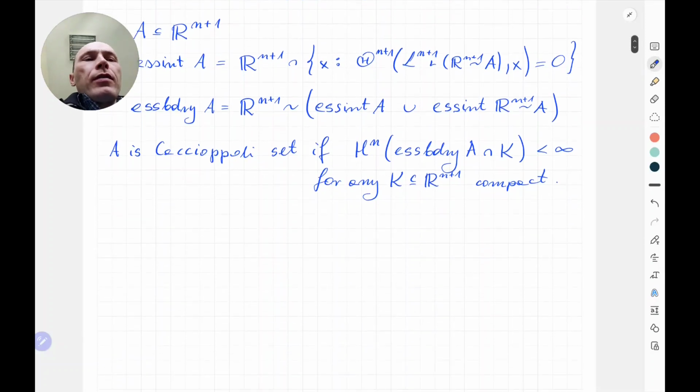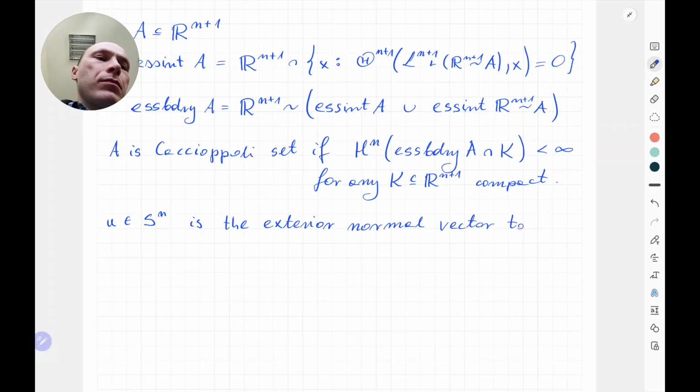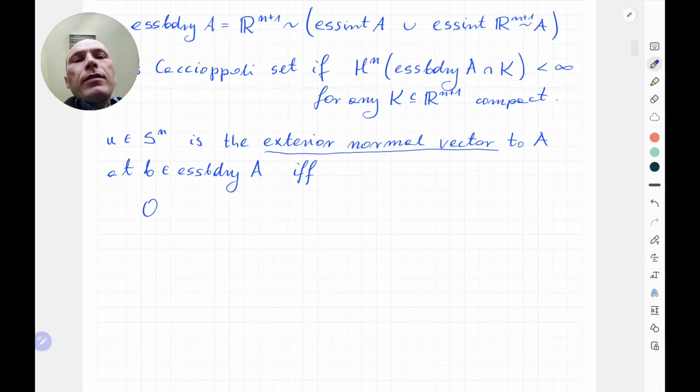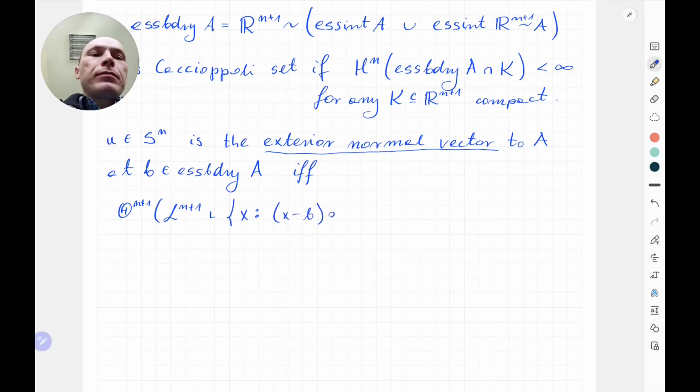GAPPF sets have a well-defined notion of the exterior normal vector. We call U in S^n an exterior normal vector to the set A at some point b of the essential boundary if and only if the following holds: the n plus 1 density of the Lebesgue measure restricted to those x for which x minus b, scalar product with U, is positive.